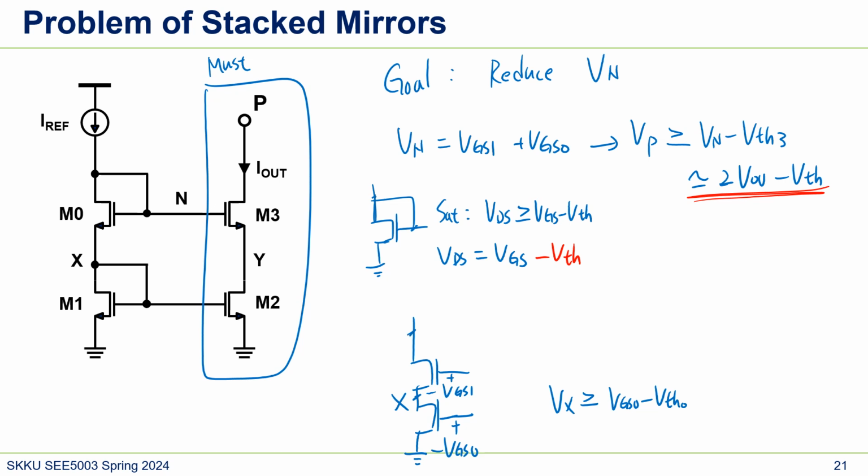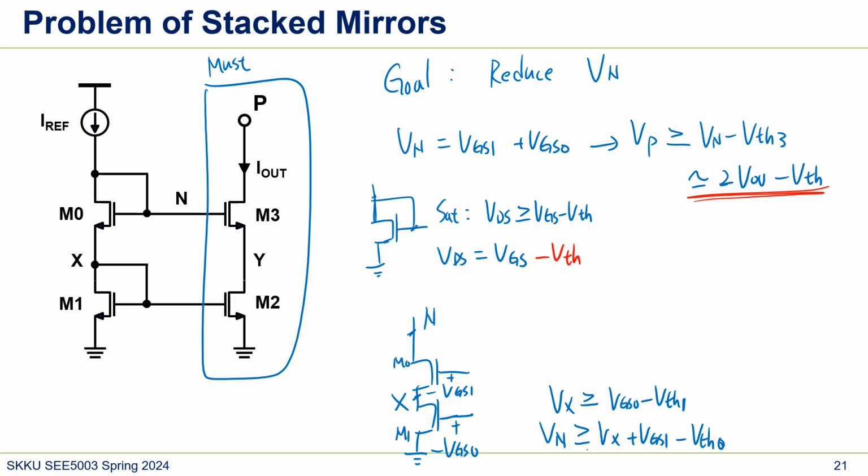And here, the minimum Vn should be larger than Vx plus VGS1, right? Because this voltage represents this part, because here is Vx plus VGS1 minus VTH0. Oh, sorry, this should be VTH1, because this is M1 and this is M0.